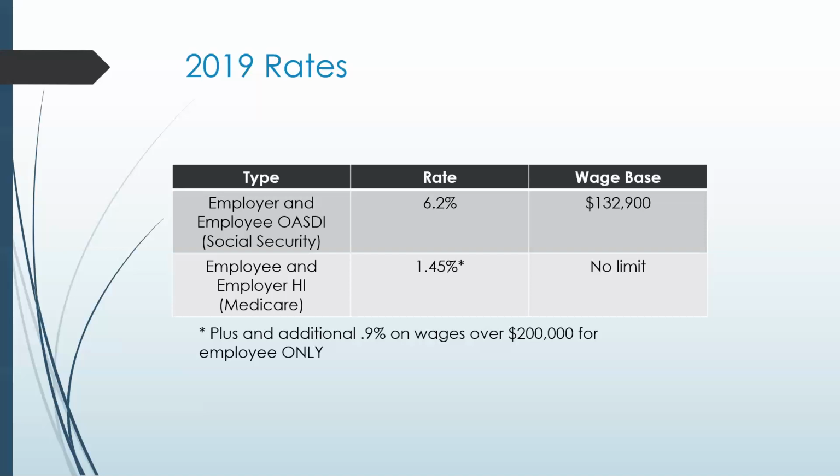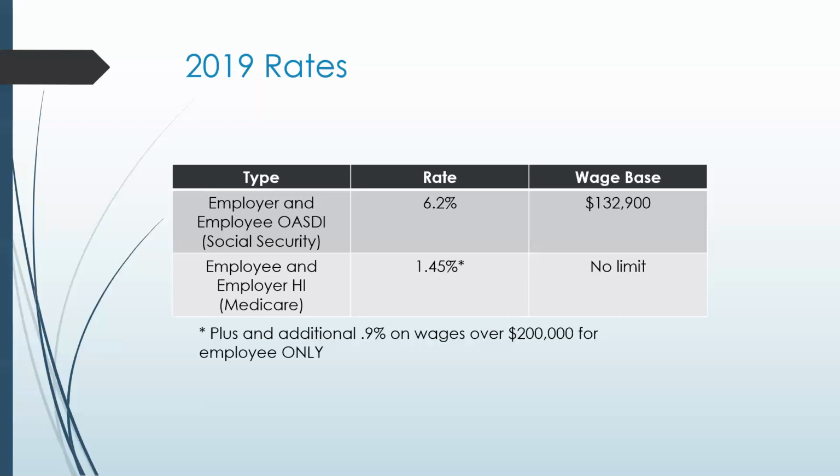In the assignment this week, a lot of people ignored that wage base completely and just did the calculation of the 6.2% on the wages. So keep in mind, for OASDI or for Social Security, there is a wage base of $132,900. That is the ceiling. If the wages hit above that ceiling, then it's 0% for Social Security.